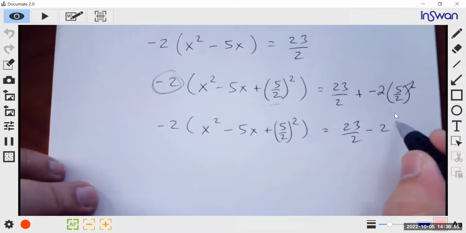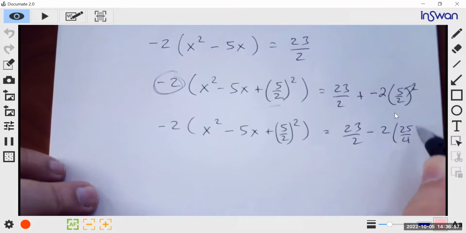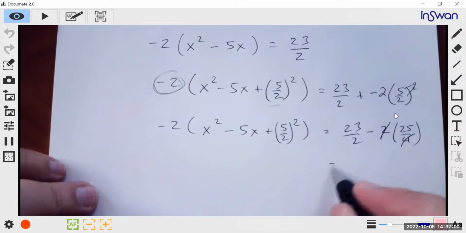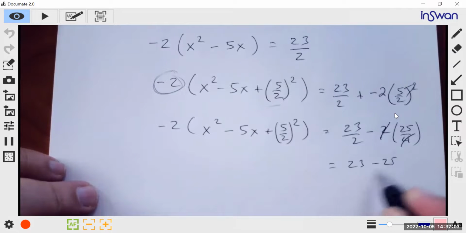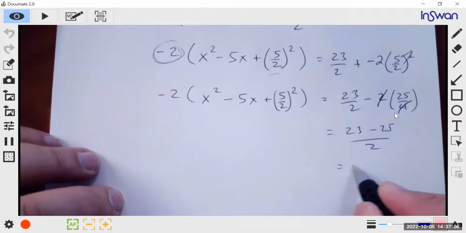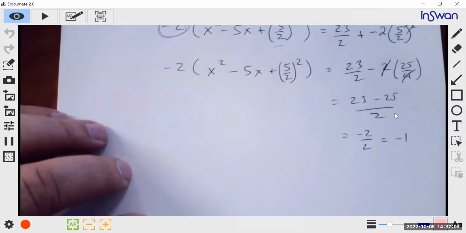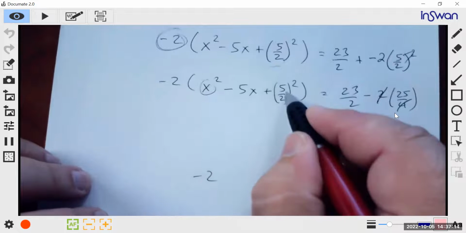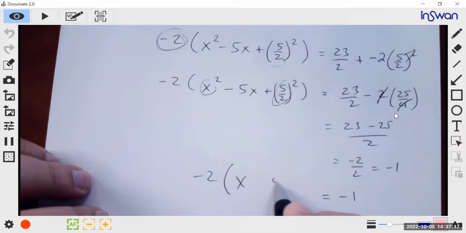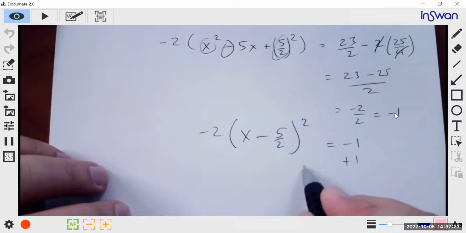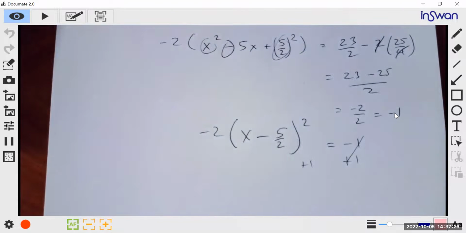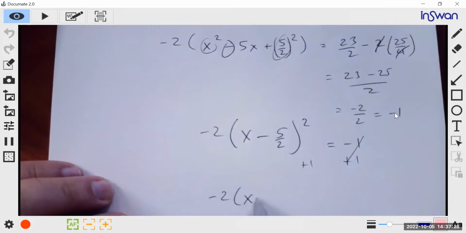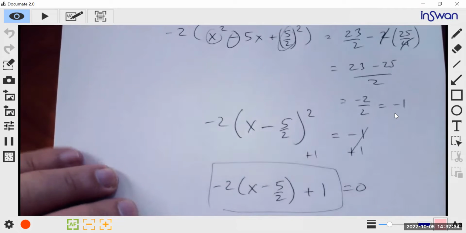This is 25/4. Those cancel. So we have 23 minus 25/2, which is -2/2, which is -1. Whatever's under the square and the first sign. Now I just have to add 1 to both sides. And there I have it. So there's my vertex.